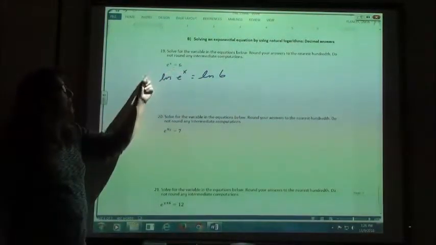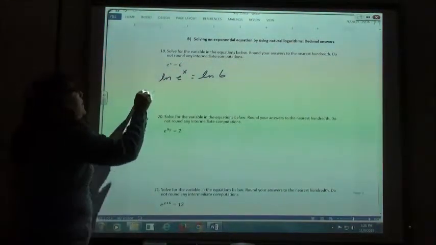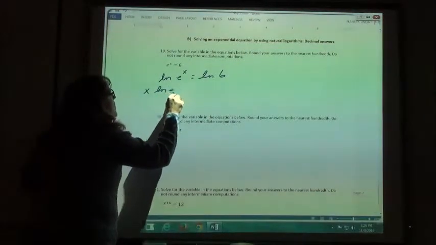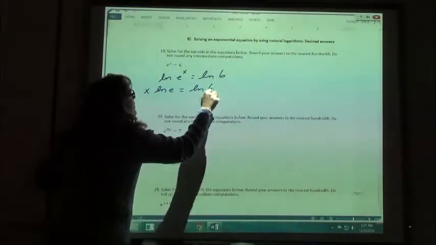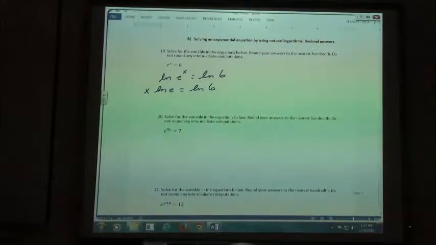We can then take our x and move it out in front. So x times the natural log of e equals the natural log of 6. Now, the natural log of e, those two things are inverses of each other, always will give you the same number.